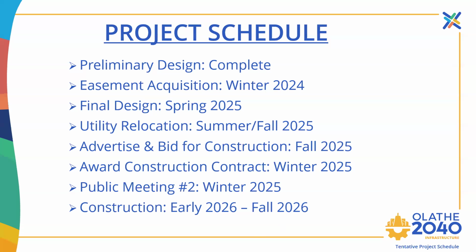The plan right now is to phase out the upstream portion of construction that occurs in the school site, so we can do that when school is out for the summer. But a majority of the project through the neighborhood will be constructed first in early 2026.